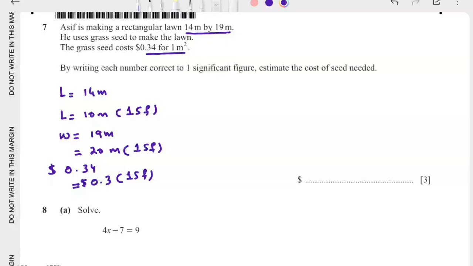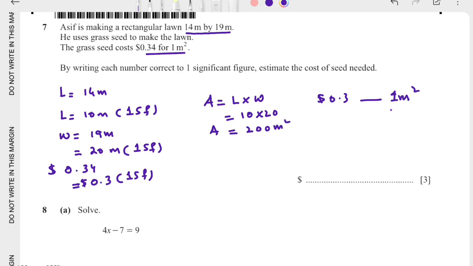Now we have to multiply them. First of all, area would be length multiplied by width. So we take the estimated values, 10 multiplied by 20, and area would be 200. Now we'll multiply it further, as we know that $0.3 is equal to 1 meter square.